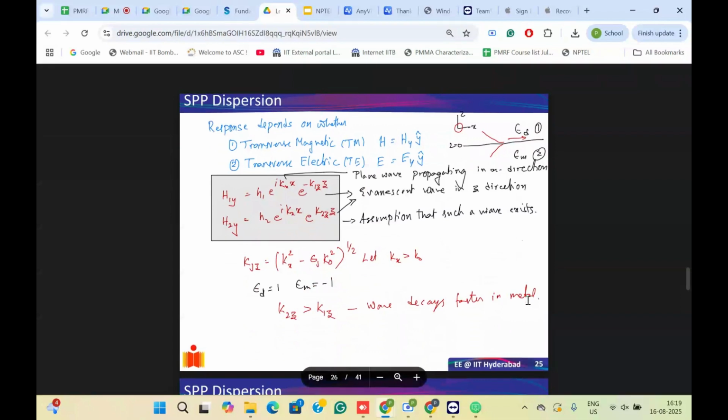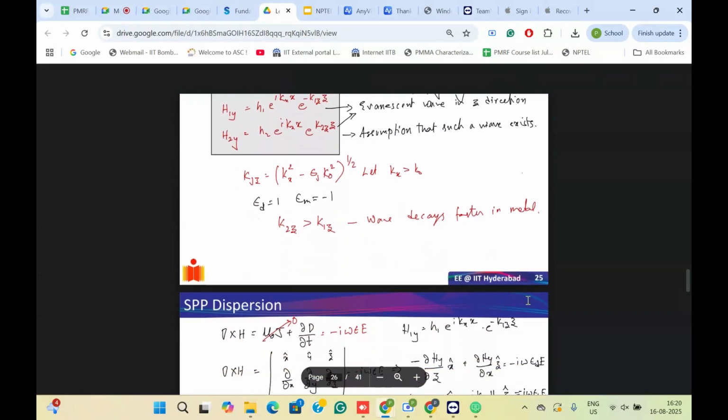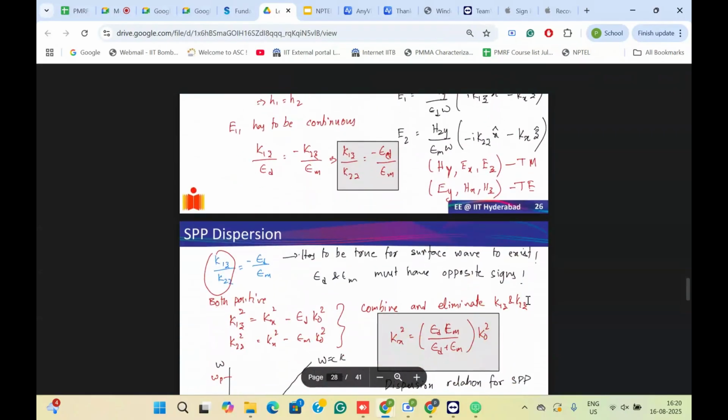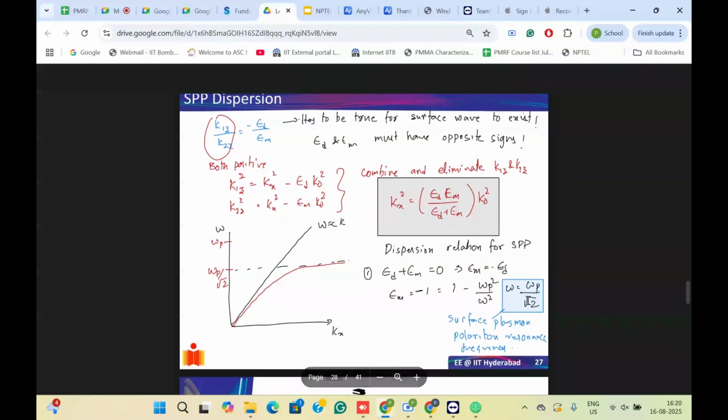So we can say that a plane wave propagates in the x direction and an evanescent wave in the z direction. We will solve questions using these equations and the SPP dispersion.